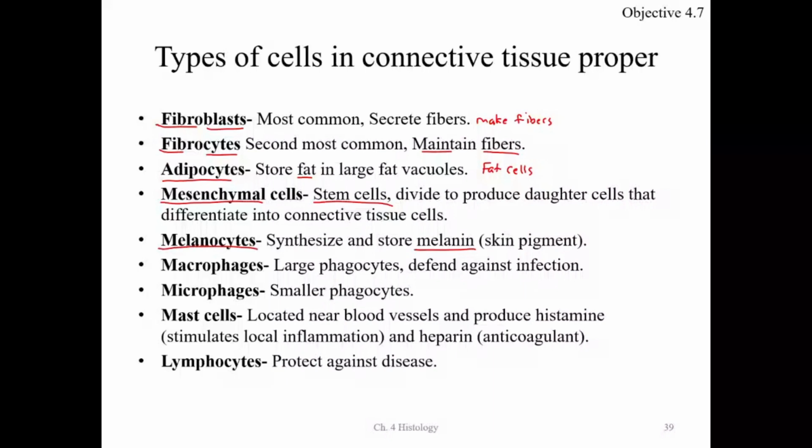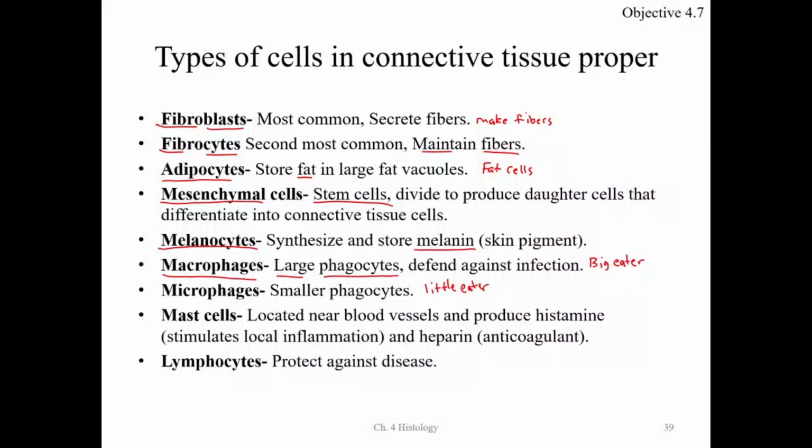Now, macrophages and microphages. Macrophage, this means big eater. Microphage, this is a little eater. So think of these as big eaters and little eaters. Macro, big. Macrophages are my big eaters. They are large phagocytes.